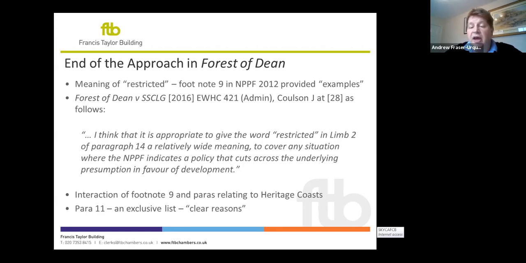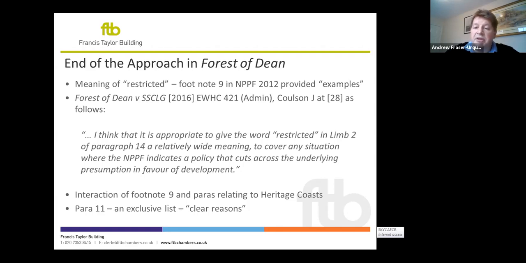And so, in seeking to resist development, given the very strong pro-development slant of the tilted balance generally, that second limb gave you something of a last line of defence against the grant of permission. It was very useful, and I used it a lot, and it was successful a lot.